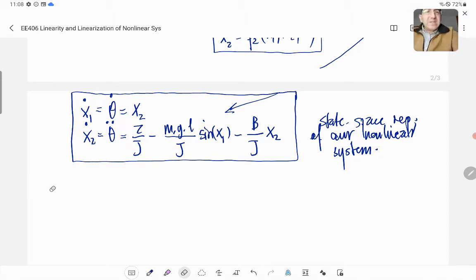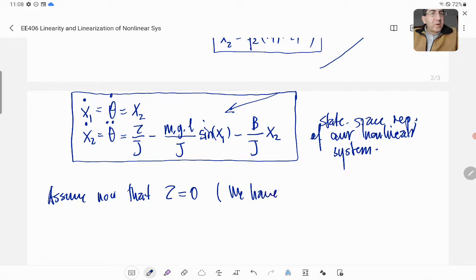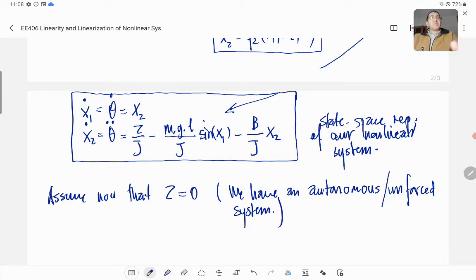Now let's assume that the input is equal to 0, tau is equal to 0. In this case, we have what is called an autonomous or unforced system. That means a system with no input.